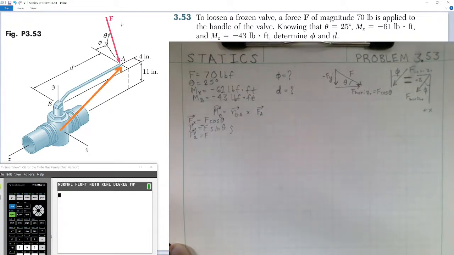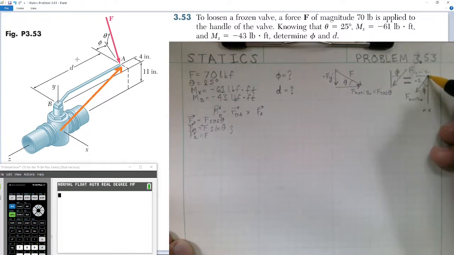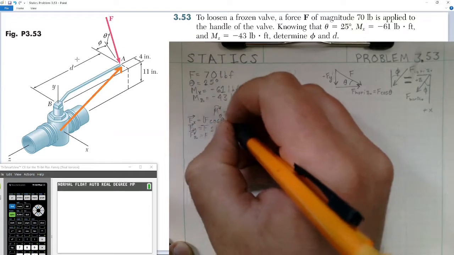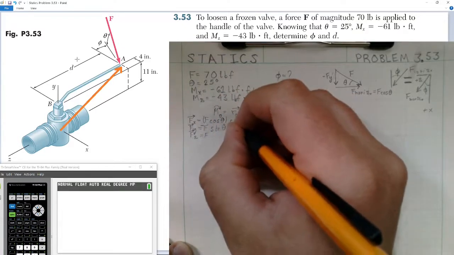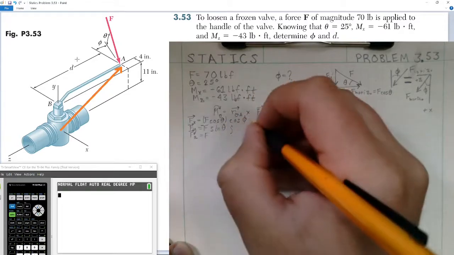That would get it into the XZ plane, and then look at it as this angle phi. Breaking this down into our components on the horizontal, this drawing is equivalent to this one where it points out of the point A. Cosine of phi would give us the x component. So it would be this horizontal force, F cosine theta, times now cosine of angle phi, in the i-hat direction.